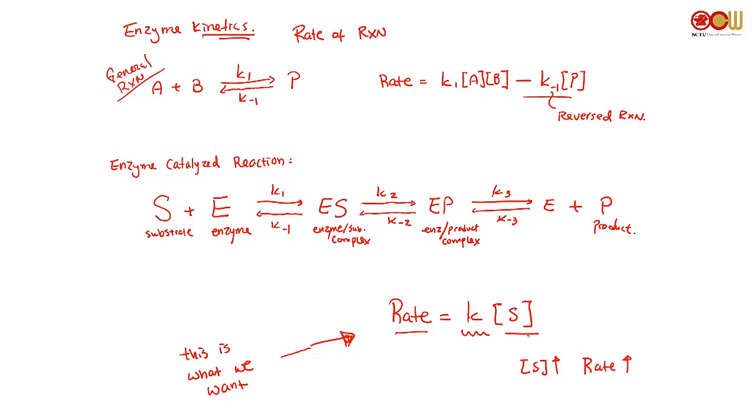So I want to have rate as a function of substrate concentration. Assumption number one. Like always in math class, you make assumptions and then you change your equation somehow. Assumption number one is we are only going to look at the initial rate.